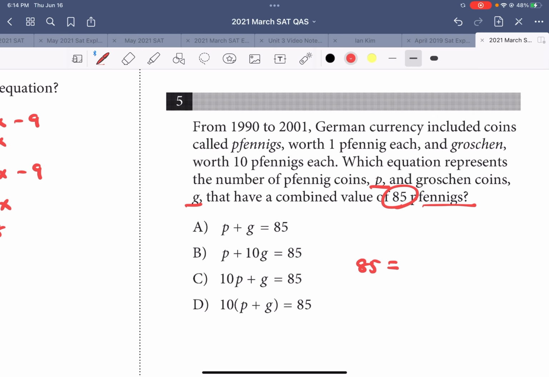P stands for the number of pfennig, so P plus Q stands for groschen, Q, but each groschen is worth 10 pfennig, right? So that times 10. Each groschen is worth 10 pfennigs. That's the reason. So the equation is P plus 10Q equals 85, so B. Okay, in terms of pfennig, it should be this.